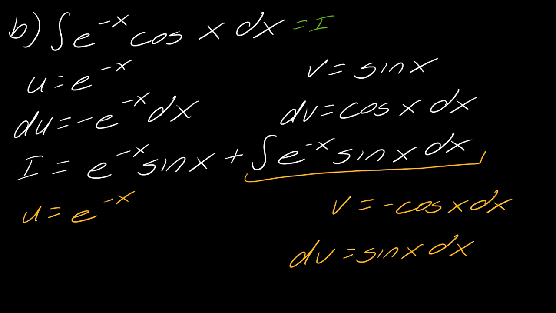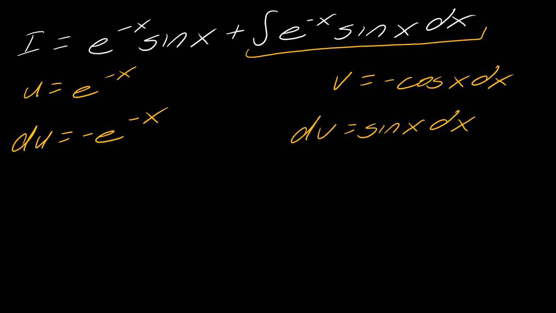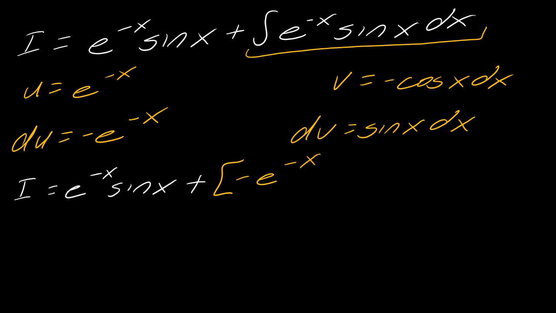So I go through the same motions. And okay, so now we need to make a little space. Okay, so now I've got this new integration by parts. So I do uv. So that's going to be negative e to the negative x cosine x, oops, and I accidentally put a dx here, and I forgot my dx there.